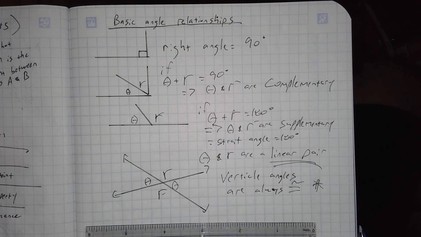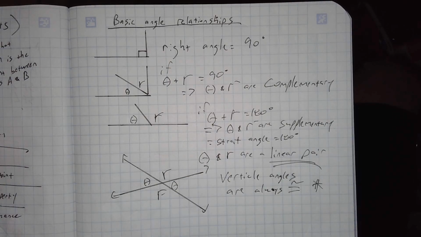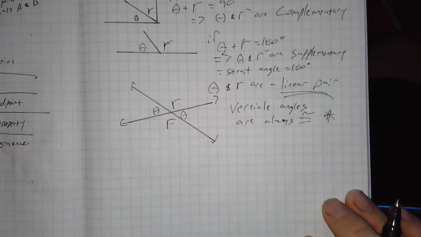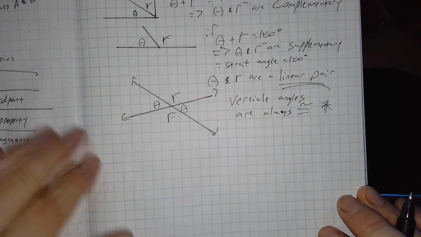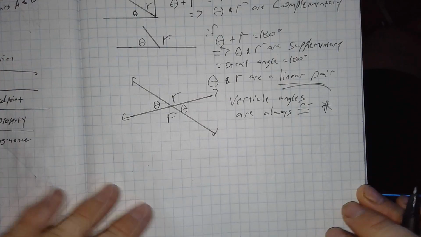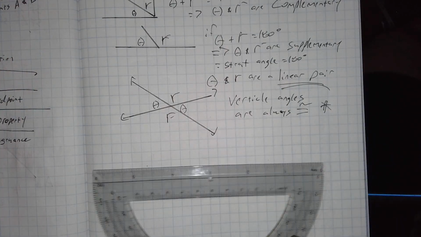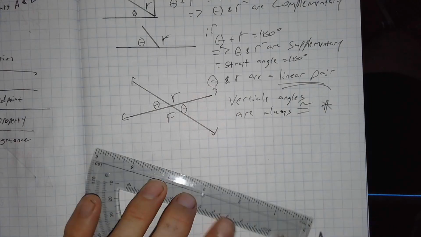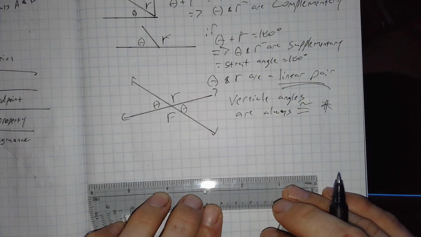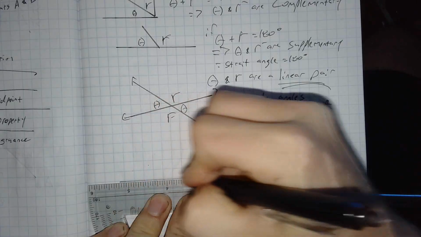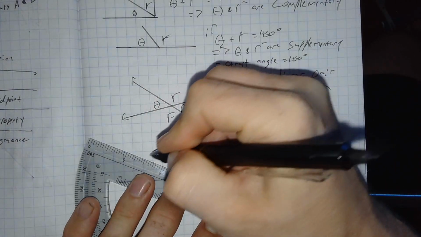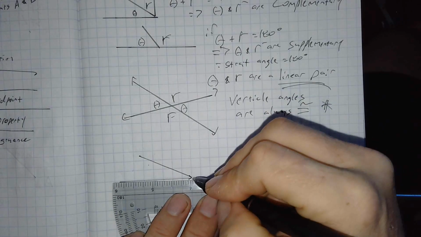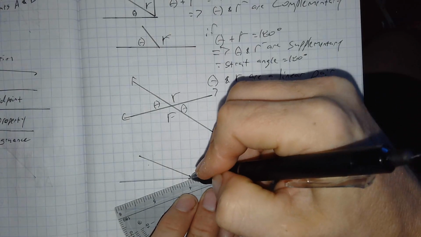Okay. Now there's another relationship that I think you need to understand. It's very similar to line segment addition, but it's angle addition. Okay, so if I have two angles, one angle is this angle, and then the other angle is like, we'll say this angle.